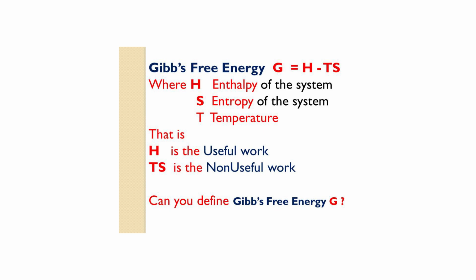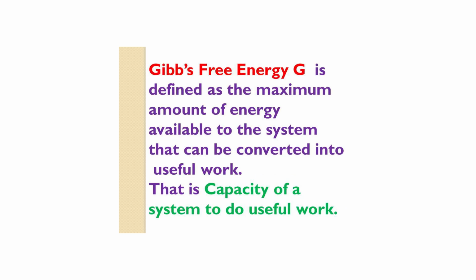Students, can you define Gibbs free energy? It is defined as the maximum amount of energy available in a system that can be converted into useful work. That is, it is the capacity of a system to do useful work.